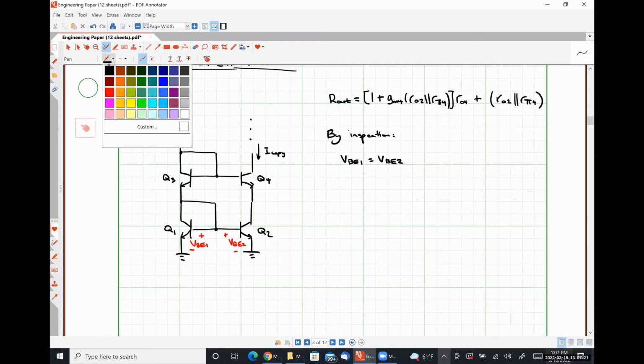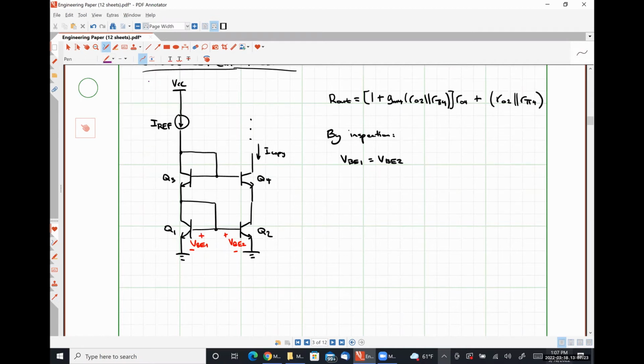Which in turn means this current IC1 is equal to this current IC2, and this current IB1 is equal to this current IB2.